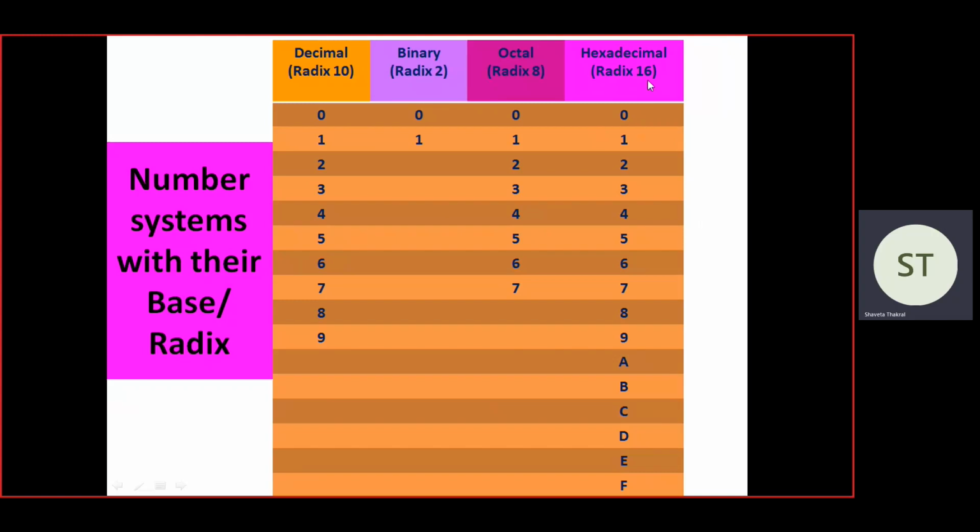Any number can be represented in hexadecimal with a combination of any of the 10 digits or any of these 6 alphabets. That can be any numeral combination, any alphabet combination, or a mix of numerals as well as alphabets, but only in this range: the numerals in the range 0 to 9 and the alphabets in the range A to F.